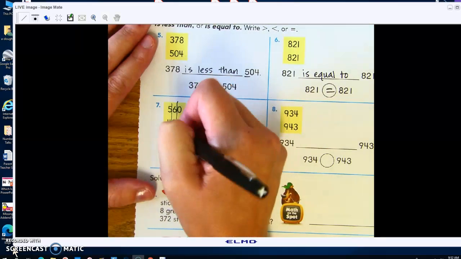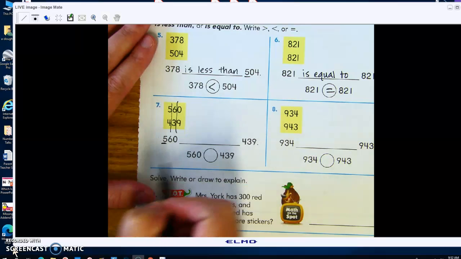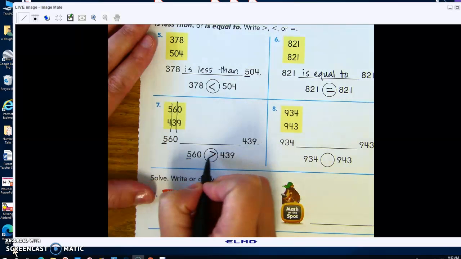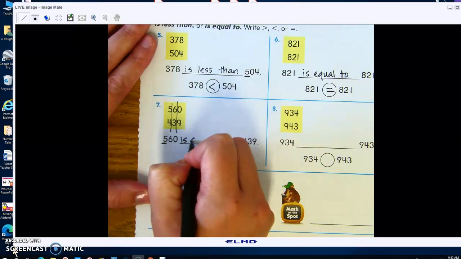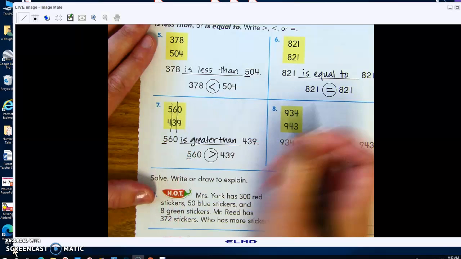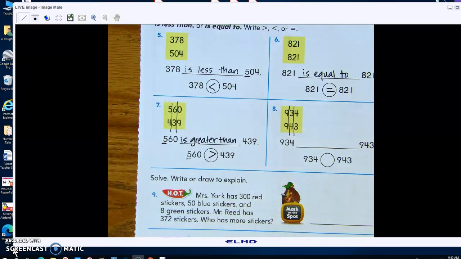This one, look at the hundreds. 5 and 4. Well, they're different. 5 is bigger. So I'm going to have the alligator eat the 500s. This symbol means is greater than. And then this one, some of us were getting confused because they have the same digits.